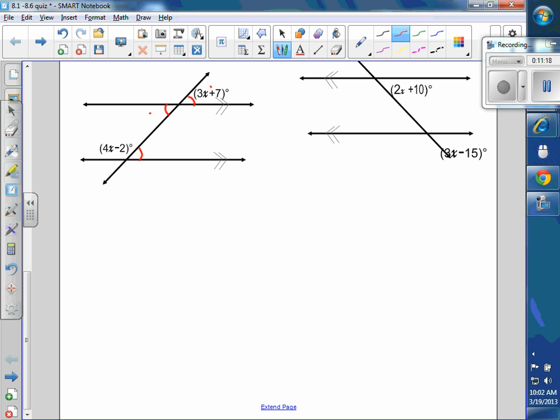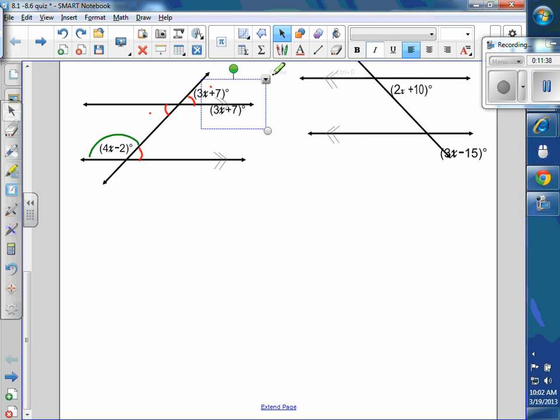So now these two are equal, right? And I know that this angle here has to add up with this angle here to be how much? 180. So since the one marked in red is the same as this, I can just say that this is like that.